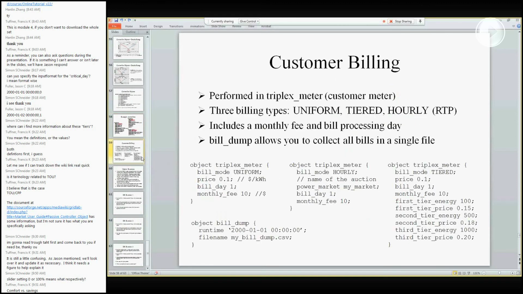One last thing we want to touch on here is customer billing. One of the pieces that allows us to really explore this, and that we really want to capture, is how switching between these different types of pricing schemes or market control systems really affects the customer's bill, quite honestly.